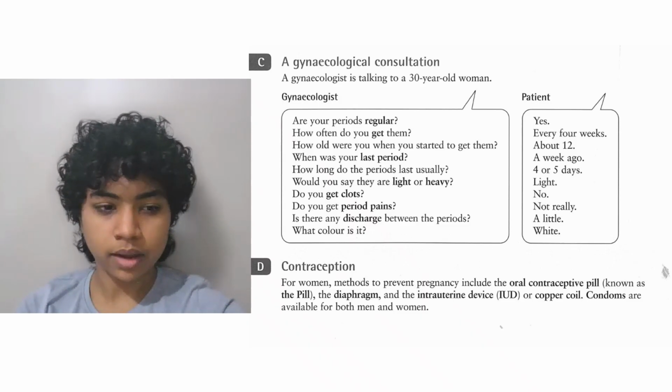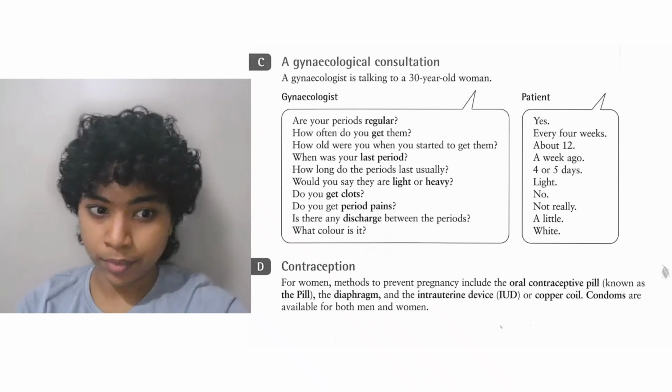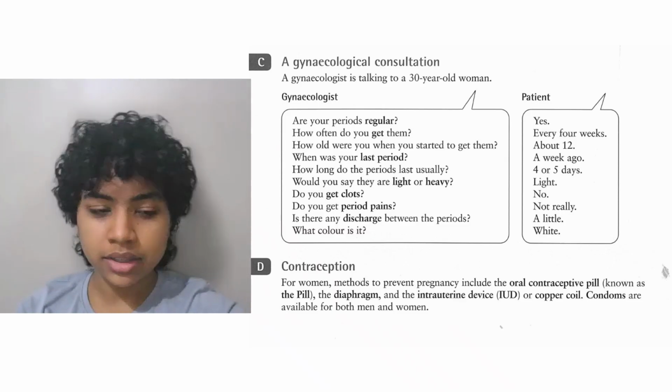Condoms are available for both men and women.